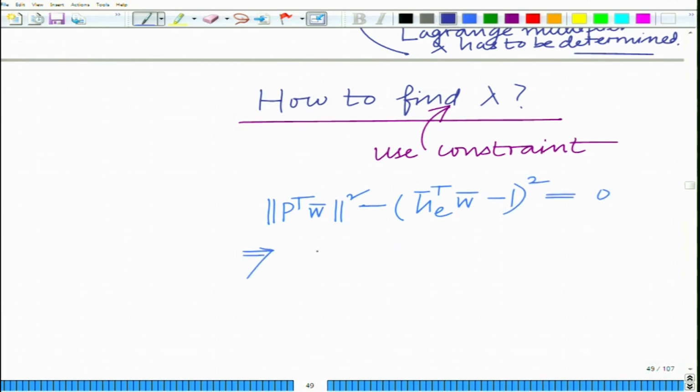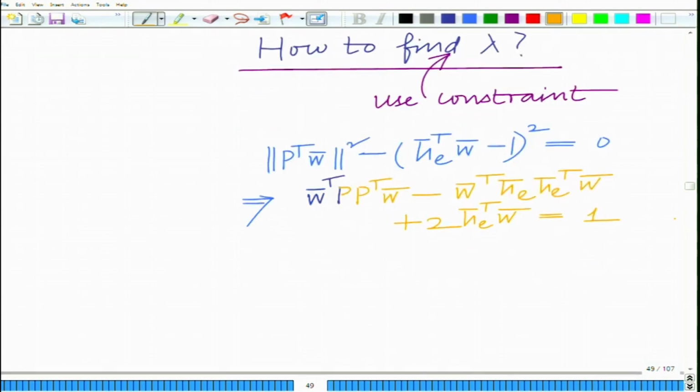This implies that W bar transpose P P transpose W bar minus W bar transpose H bar E transpose W bar plus twice H bar E transpose W bar equal to 1. Okay, so basically this is the constraint. Now again you can combine P P transpose minus H bar E transpose.